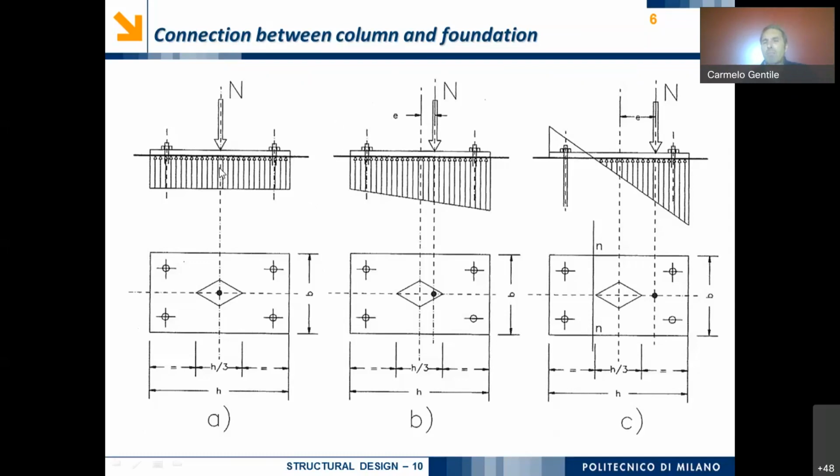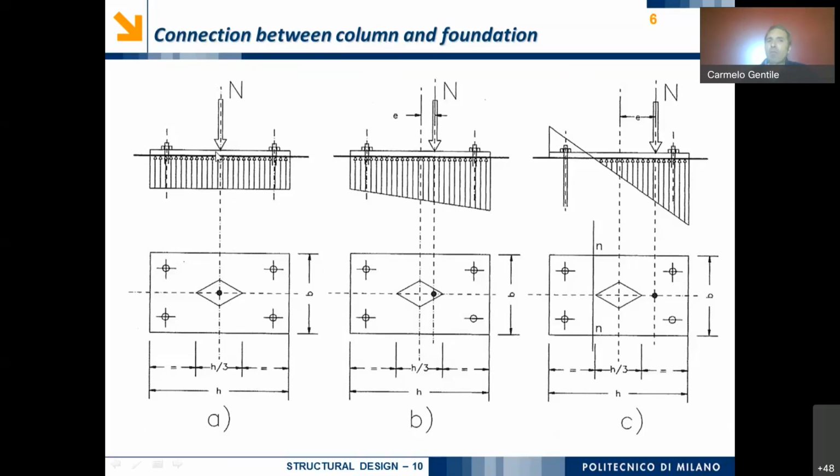Because if we have an axial force with no eccentricity, so an axial force passing through the center of the connecting plate in plan, of course, these long bolts do not work, because we use the stiffness of this plate in order to distribute the effect of the applied axial force in contact pressure between the bottom part of the plate and the foundation block.